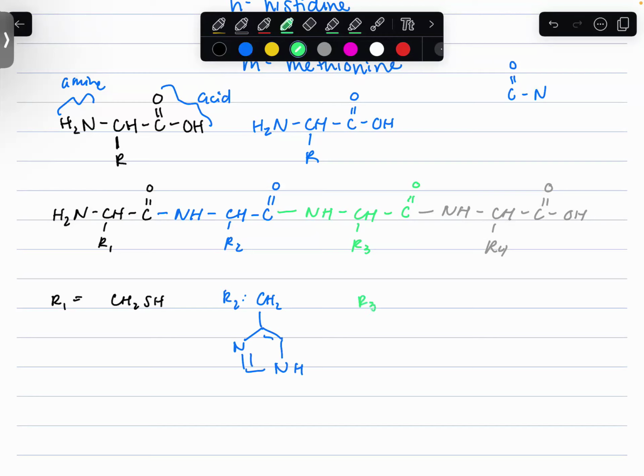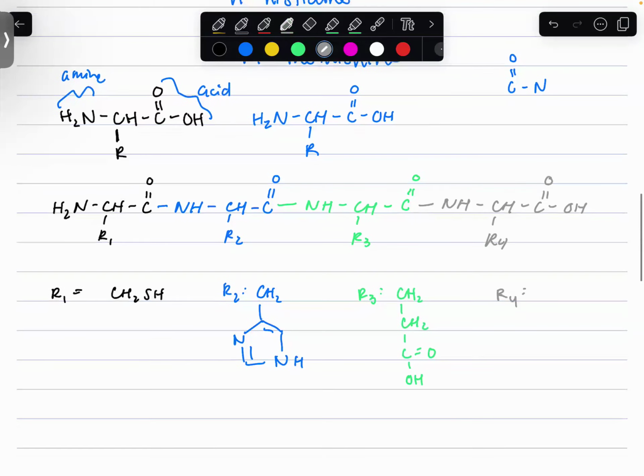Glutamine, another name for glutamine is glutamic acid, so it has a carboxylic acid attached to it. And then finally, methionine has ethyl.